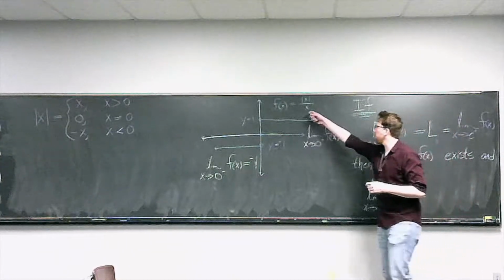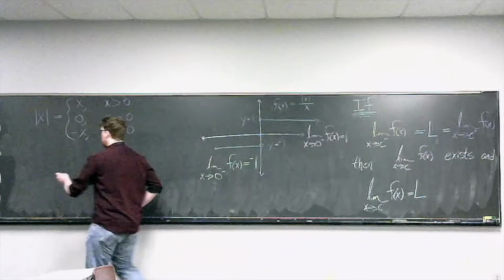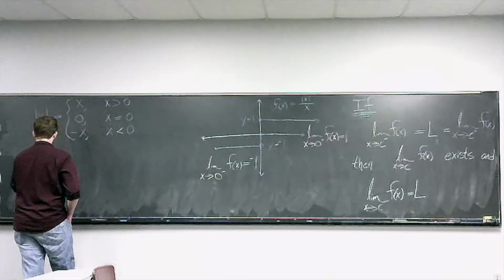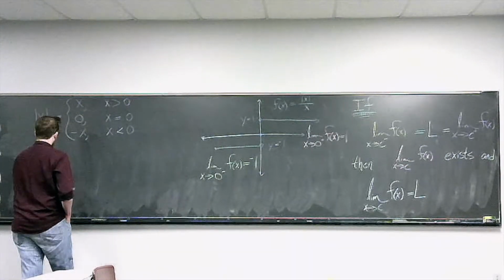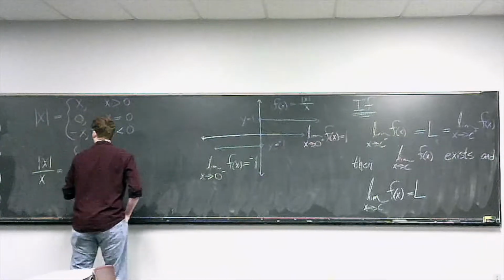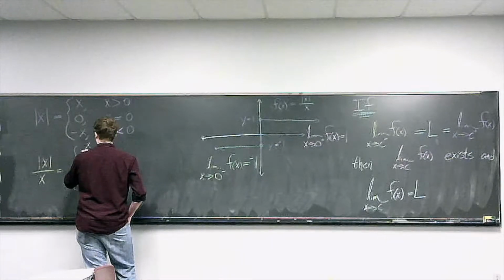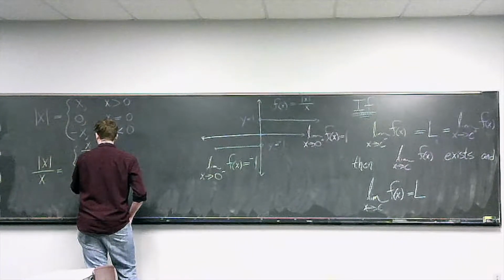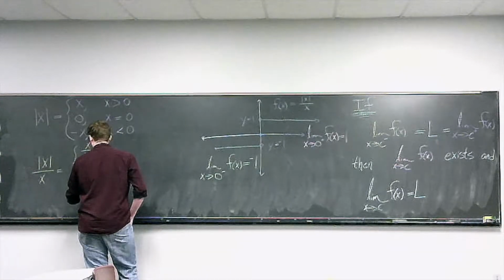So now, when we put it together with this, this is telling us this is equal to x over x, does not exist, and negative x over x.